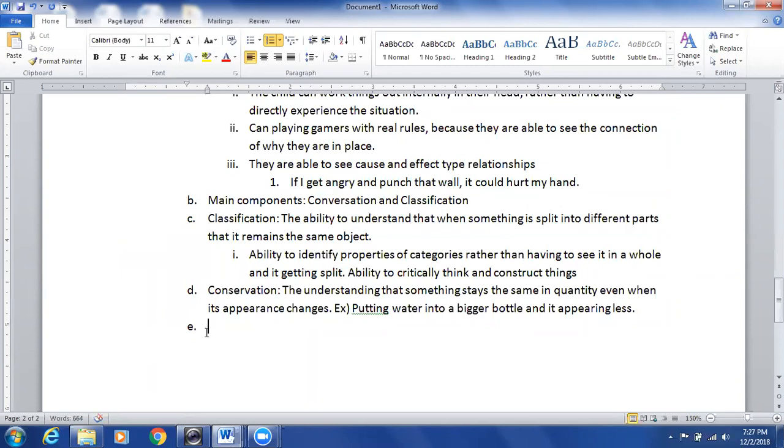To reiterate, classification is when you split things into different quantities and people are able to say, oh, that's still a whole. If I smash a brick on the ground, a child's going to say, oh, that's still a brick, not, oh, those are just rocks. And conservation is when something is put into a bigger or smaller container and they're able to say, yeah, it's still the same object.